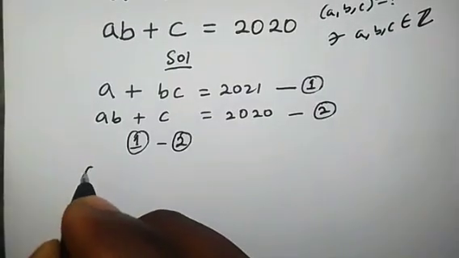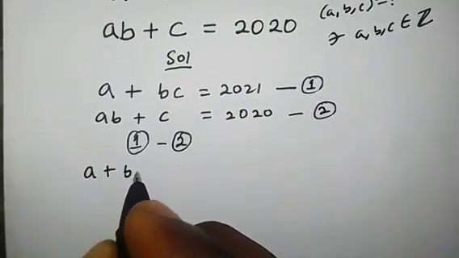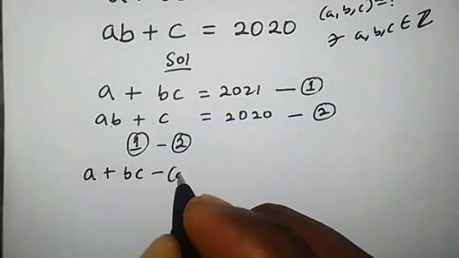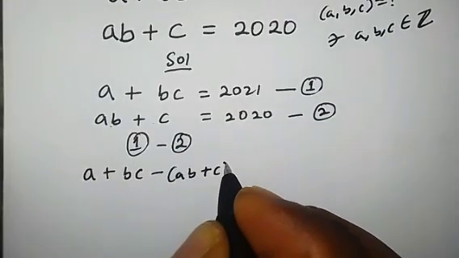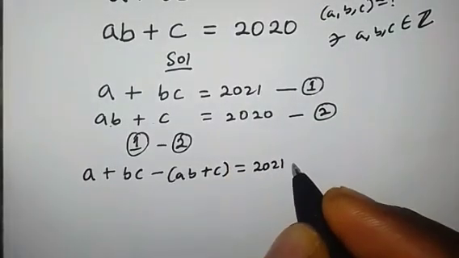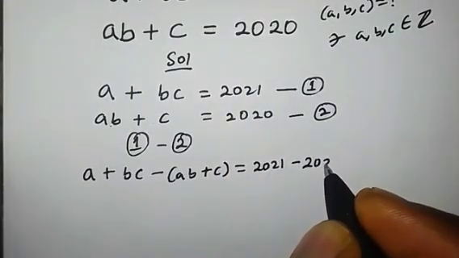So that will be A + BC minus this left hand side, AB + C, equal to 2021 minus 2020.